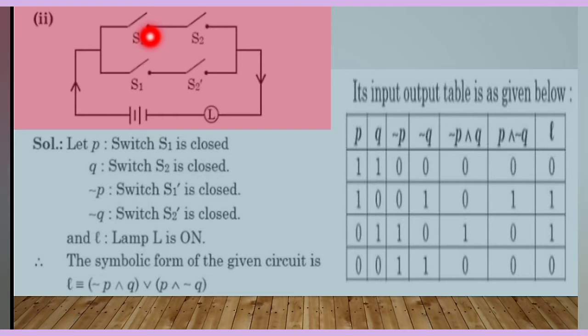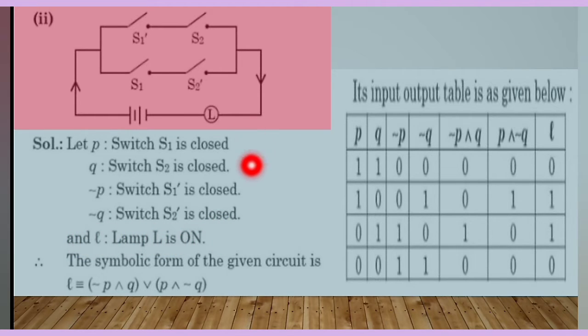S1 dash is called negation P, and S2 dash means negation Q. Opposite of Q is negation Q, and opposite of P is negation P. Negation P: switch S1 dash is closed, and lastly negation Q: switch S2 dash is closed, and L means lamp is on.